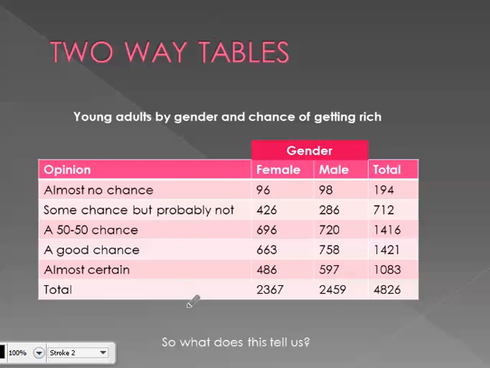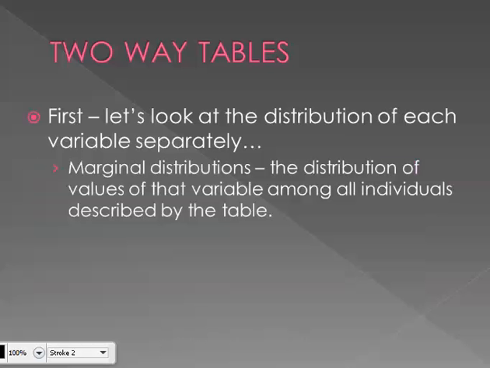But the question becomes, what is this telling us? We can start to look at the distributions of each variable separately. These are called marginal distributions: the distribution of values of that variable among all the individuals described in the table.